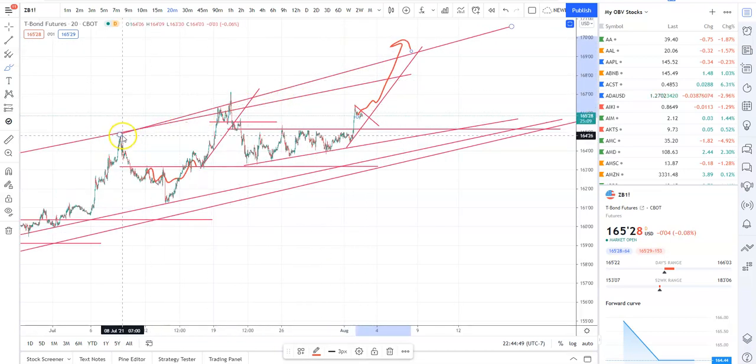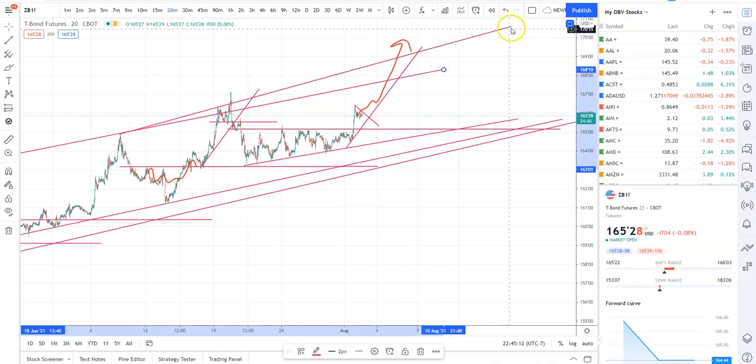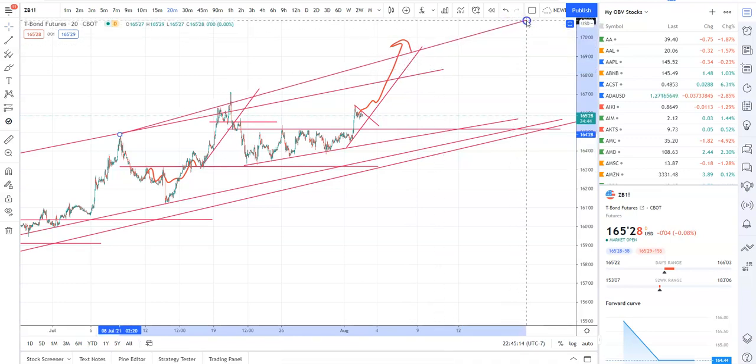And I've got 2 points here that I'm going to be watching carefully. One is connecting this top here on July 8th with this top here right around July 20th. So I've got this trend line drawn here, and then I've got additionally this trend line drawn here.